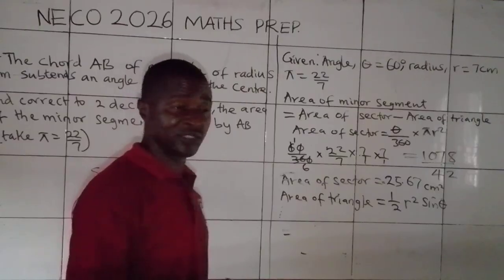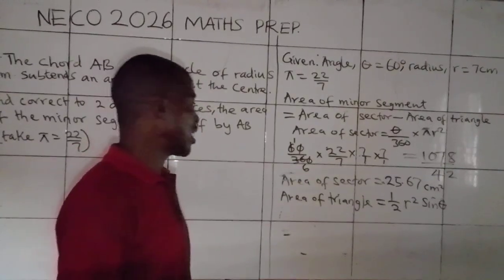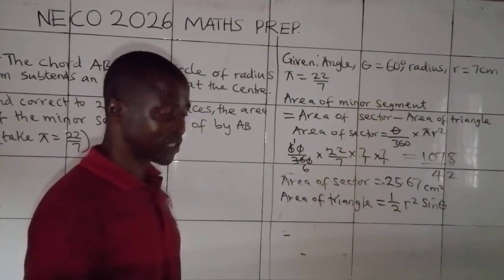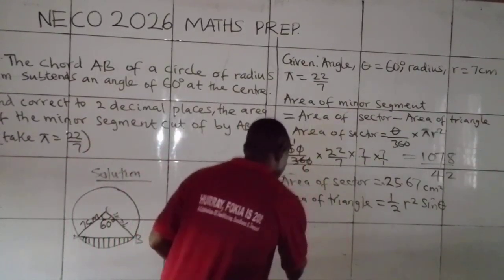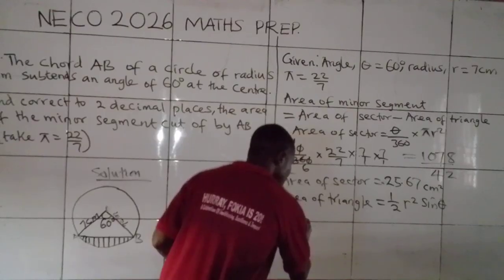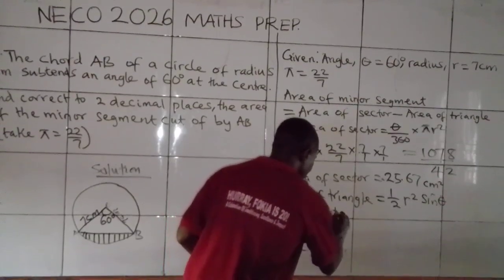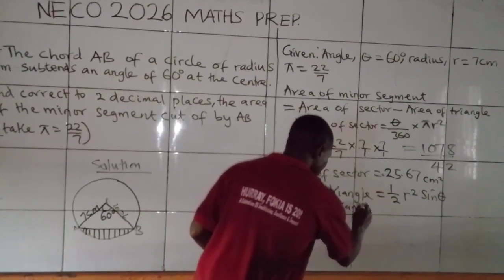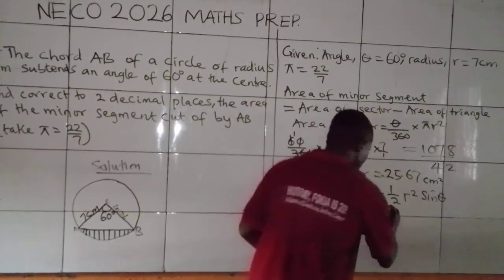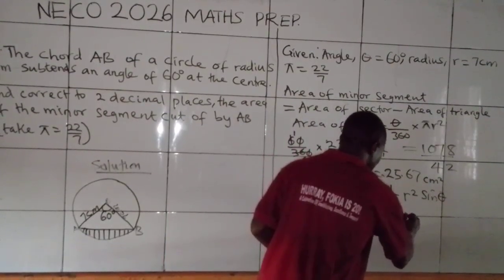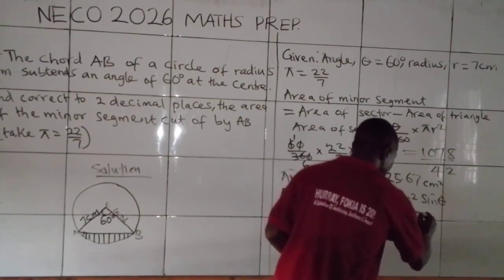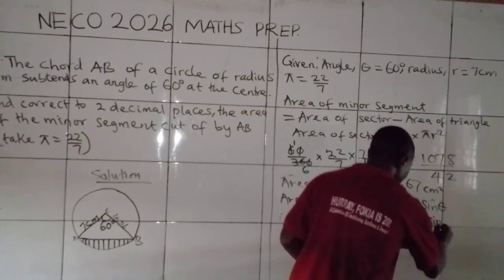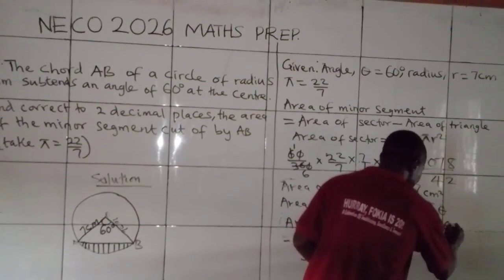Then our theta is equal to the angle which is equal to 60 degrees. So now we substitute: area of triangle is equal to half multiplied by 7 times 7 times sine 60 degrees.